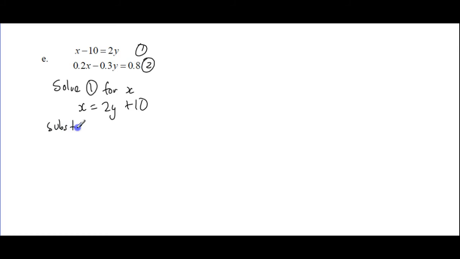We're going to substitute. Basically what we're saying is x and 2y plus 10 are the same thing, right? So we're going to substitute 2y plus 10 for x in equation 2. It has to be the other equation. If you stick it in here, you'll just end up with 0 equals 0, which, while true, isn't really very helpful.